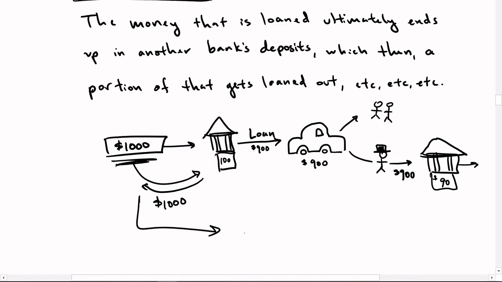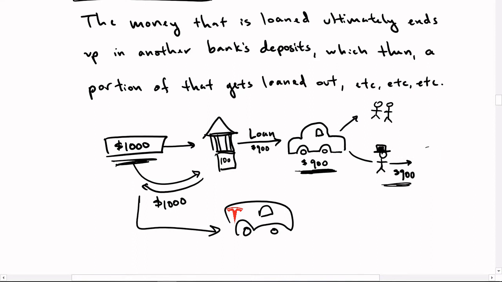And then that person can go buy a car. But then this person bought a car with $900. And so now in the economy, there's $900 here that this guy doesn't even have to take to a bank. Let's say he doesn't take it to a bank. The car dealer now just has $900 that he can go spend.